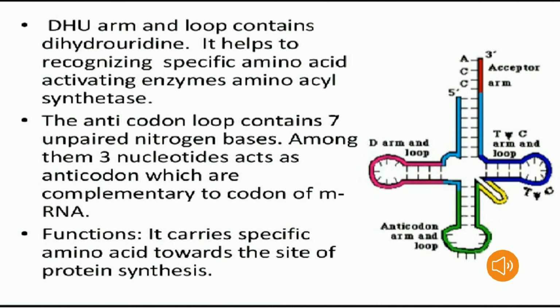The anticodon loop. So what is the meaning of anticodon? The three specific nucleotide sequence that codes for a specific amino acid, present in the anticodon arm of tRNA, is called the anticodon. Here, the anticodon loop contains 7 unpaired nitrogen bases, among them 3 nucleotides act as the anticodon, which are complementary to the codons of mRNA, that is messenger RNA.